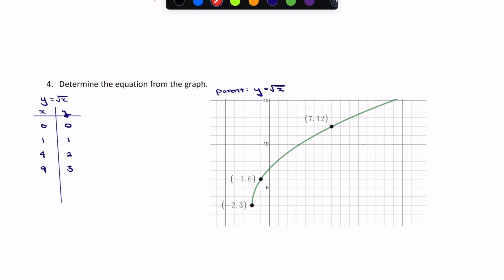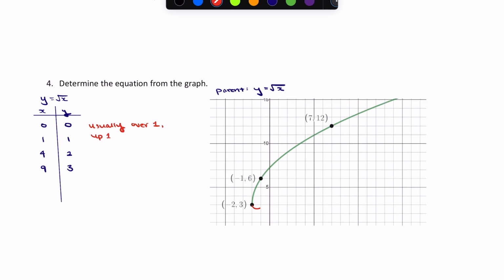Okay, so now let's look at this graph. So then we have a couple of points here. We have -2 and 3, we have -1 and 6, and then we have 7 and 12. Again, if we look at this original parent function, it's usually from the origin, so it's usually over 1 and up 1.